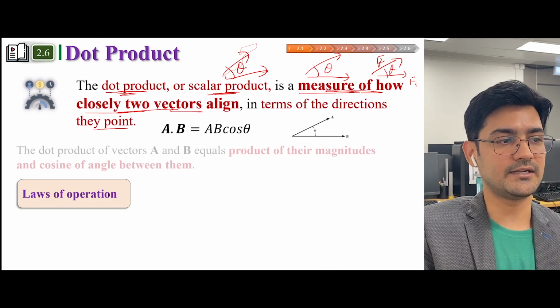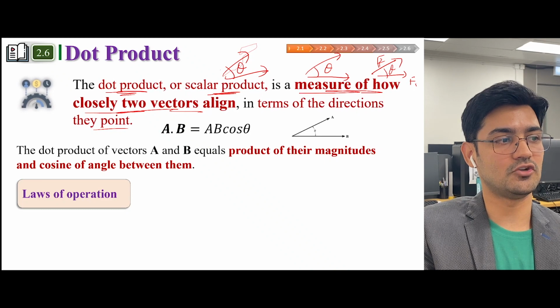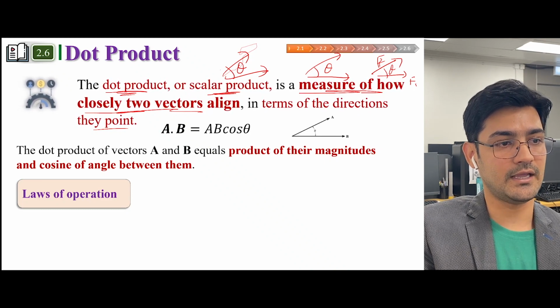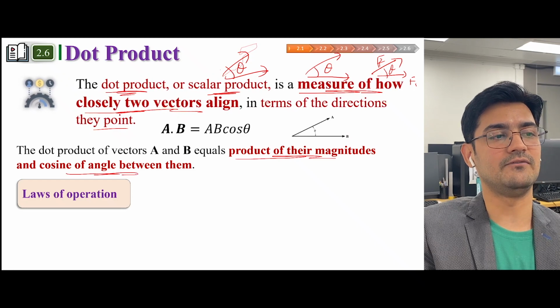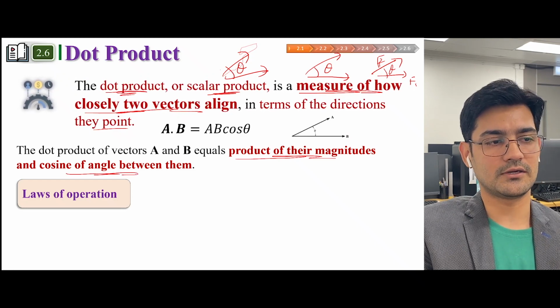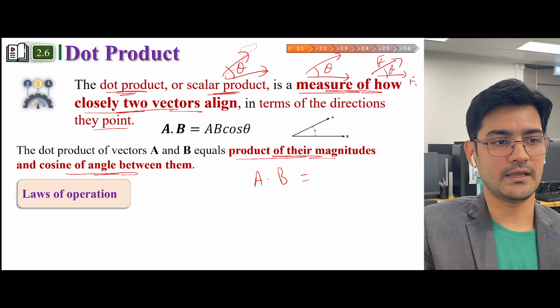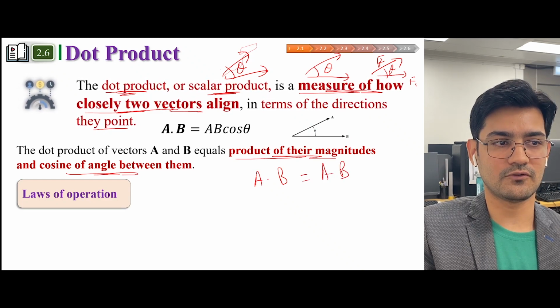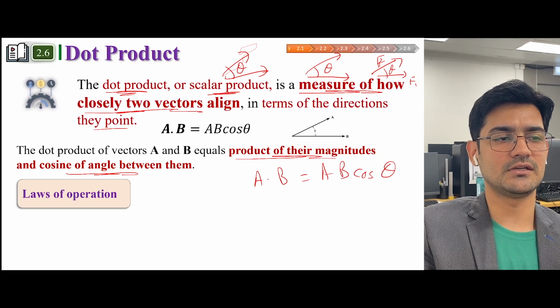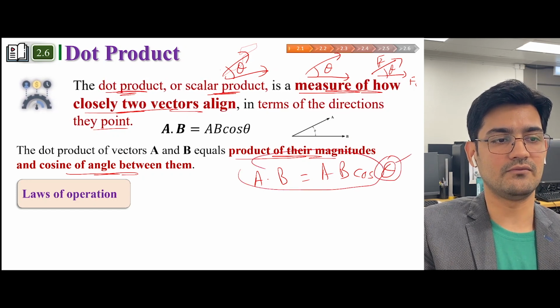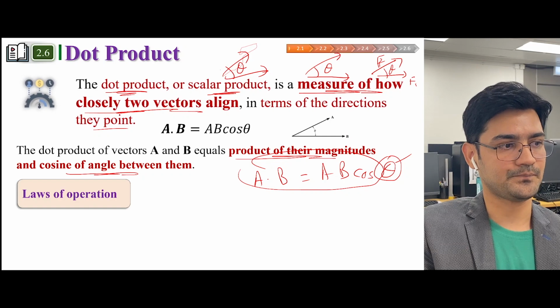Mathematically we can define the dot product as the product of their magnitudes and the cosine of the angle between them. So a dot product is the product of the magnitudes of two vectors and cos of theta between them. By using this, we can also calculate theta, or we can calculate different magnitudes.